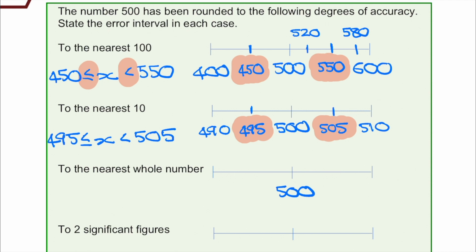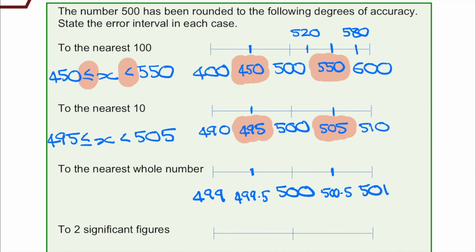Same again, starting with the original number, 500. This time we're rounding to the nearest whole number. So let's just add a 1 on and take 1 away. Same idea, what is right in the middle of those numbers? Well, in between 500 and 501, it's going to be 500.5. And in between 499 and 500, it's going to be 499.5. So it is possible to get decimal numbers with your bounds.